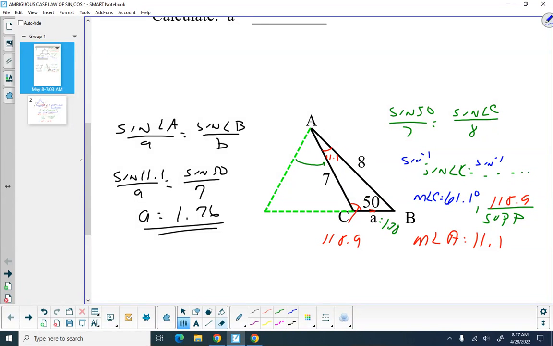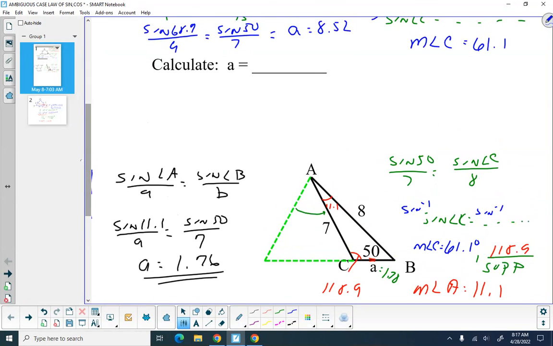Initial conditions. So this goes back to your geometry days, when you're sitting there proving triangles congruent. And you learned a bunch of postulates that allowed you to prove triangles congruent. You had the side-side-side postulate.